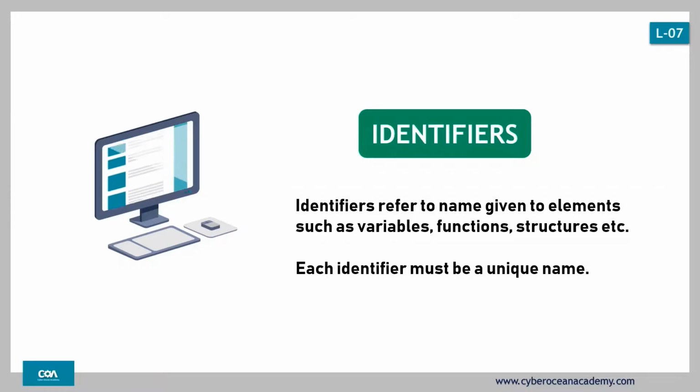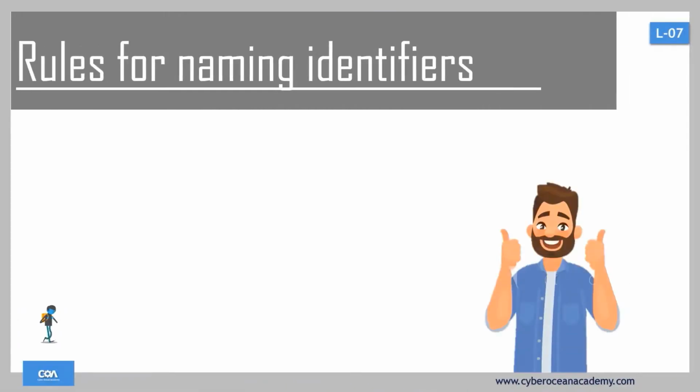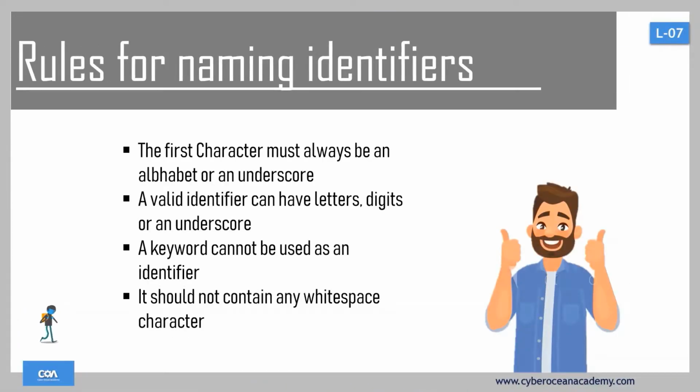Since we define the name of an identifier, we have to follow certain rules. And what are those rules? The first is that the first character of any identifier must be an alphabet or an underscore. What is a valid identifier?